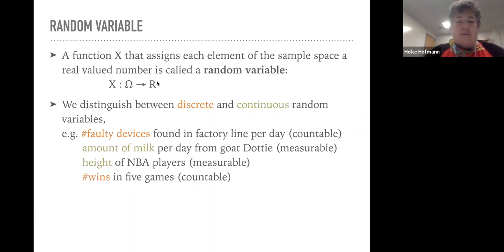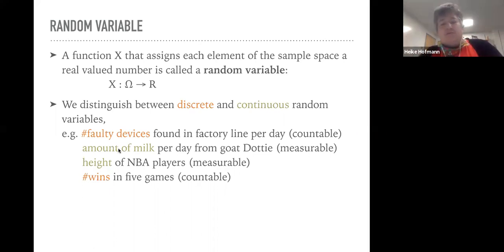For example, we can look at a factory line and pick devices, check devices, and they're either faulty or they work. And X might be the number of faulty devices that we find in a day.